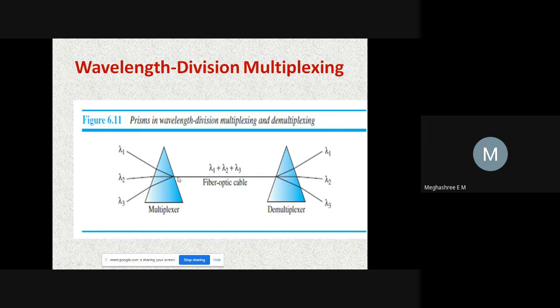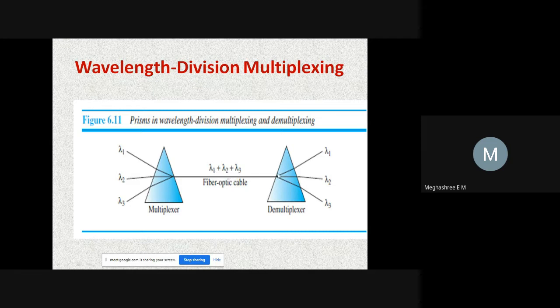Once combined, it generates one output beam of a wider band of frequency. See, when you add all these values, obviously it leads to a wider band of frequency, right?